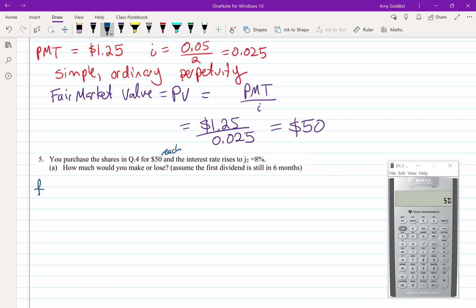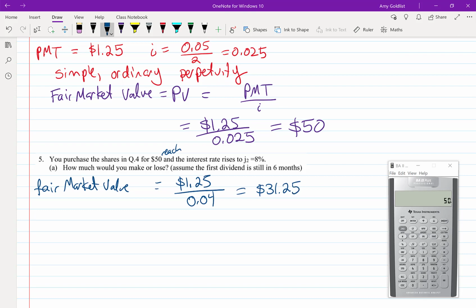Our new fair market value, as the stock market has changed, is going to be $1.25 over our new periodic interest rate. 8% divided by 2 is 0.04, which gives us $31.25. That's how much each stock is worth.